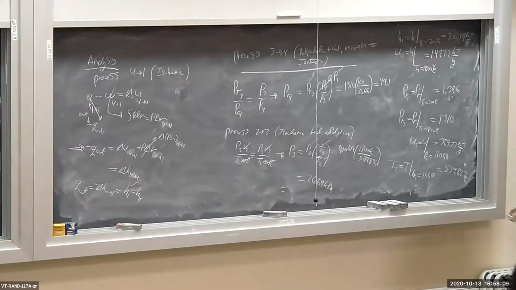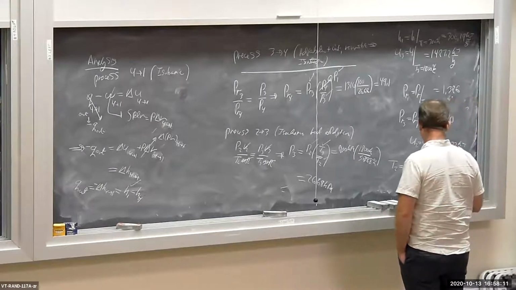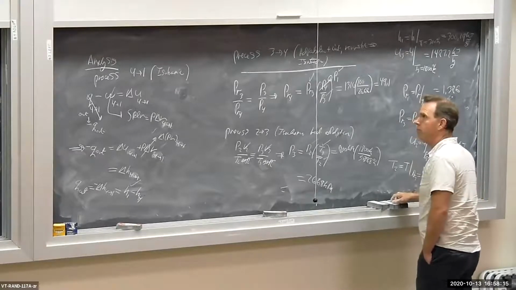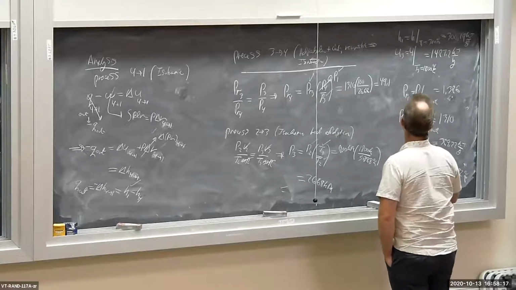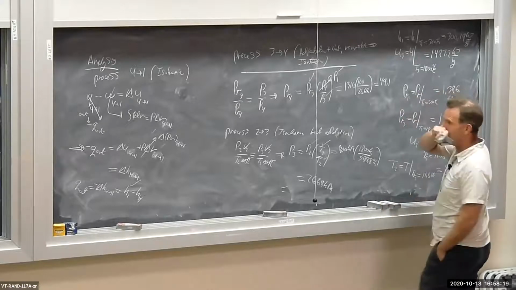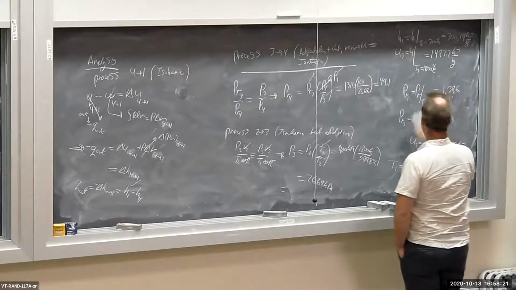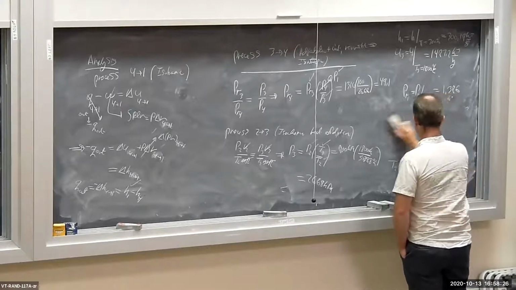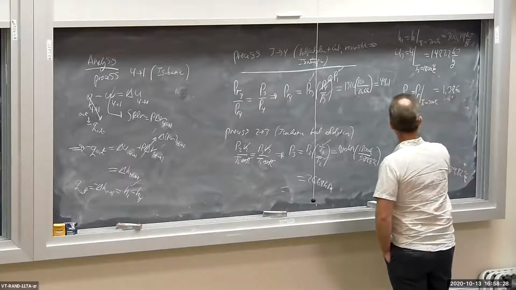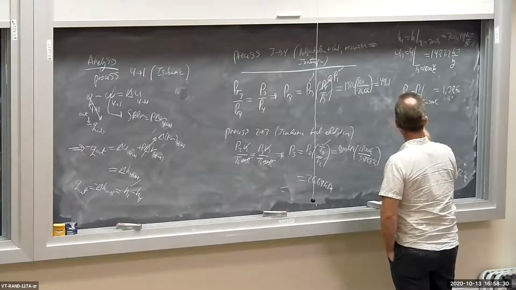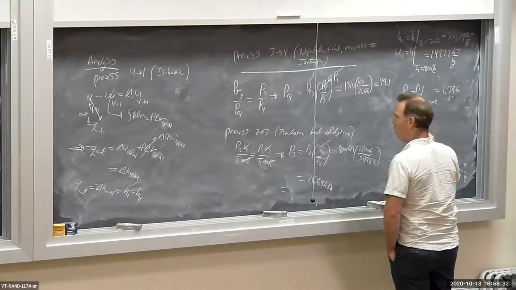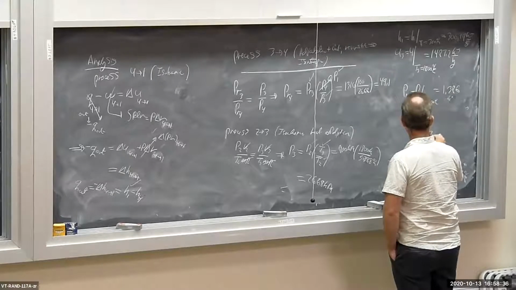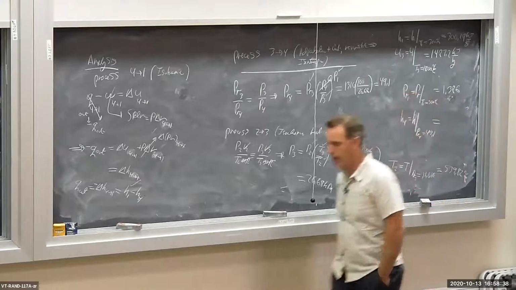So H4, I'm running out of room here. H4 is equal to H evaluated at PR4, which is 49.1.